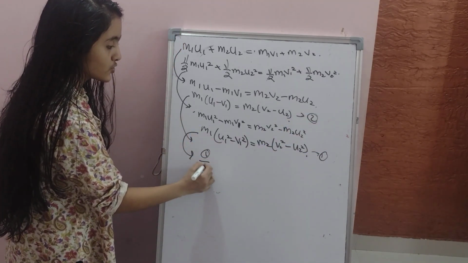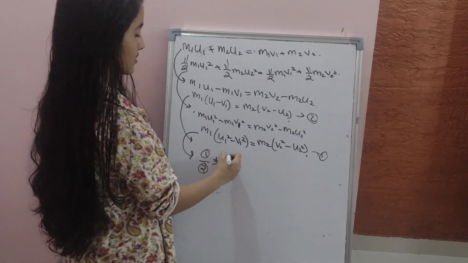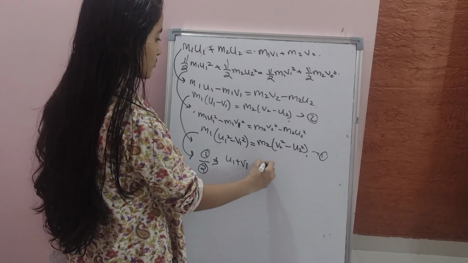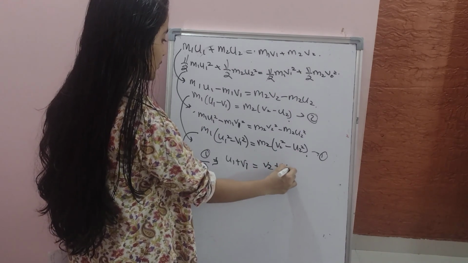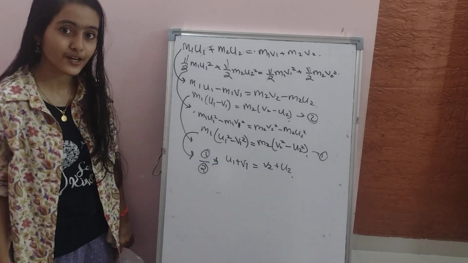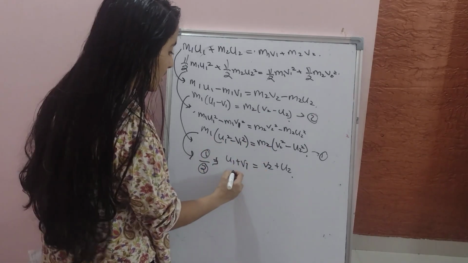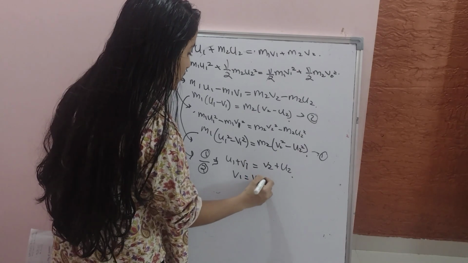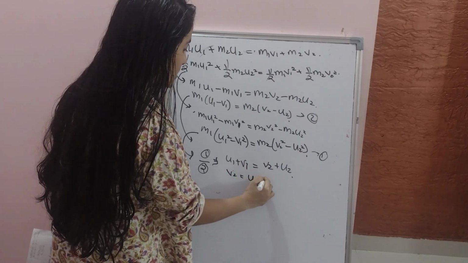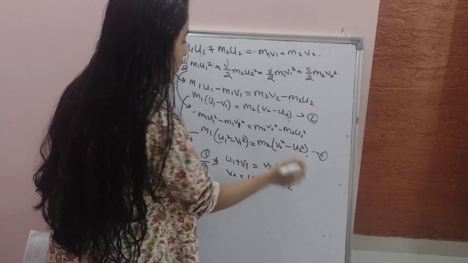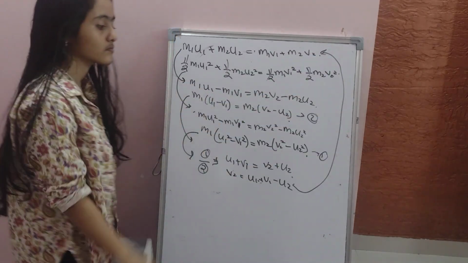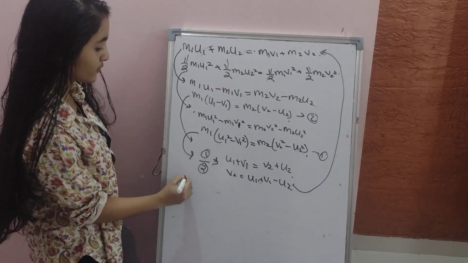Dividing 2 by 1, we get u1 plus v1 is equal to v2 plus u2, because this is the expansion of a square minus b square. So v2 is equal to u1 plus v1 minus u2. Substituting this equation directly into the momentum equation, we get the value of v1.